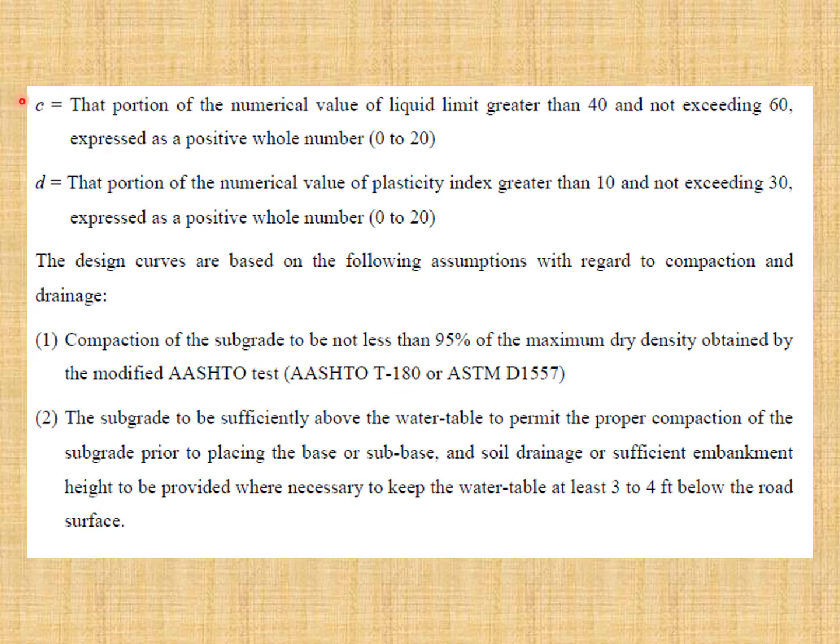And now look at C. C is that portion of the numerical value of liquid limit greater than 40 and not exceeding 60, expressed as a positive whole number 0 to 20. So the formula for C is liquid limit minus 40. And if C's value is coming negative, it will be taken as 0, and if its value exceeds 20, it will be taken as 20.